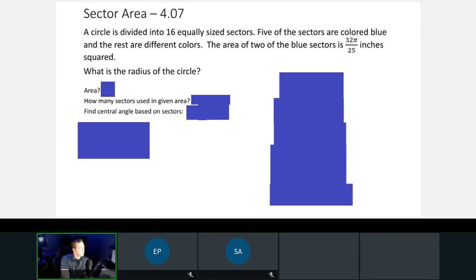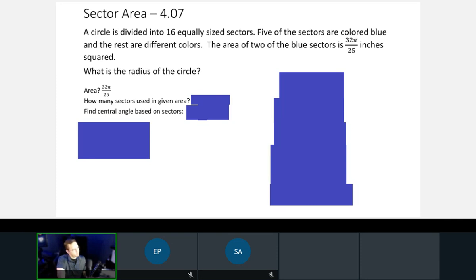These first 3 lines are just writing the given information, because with a word problem, writing down bullet points of the important info makes the problem way easier to look at and understand. The area that was given is 32 pi over 25 inches squared.